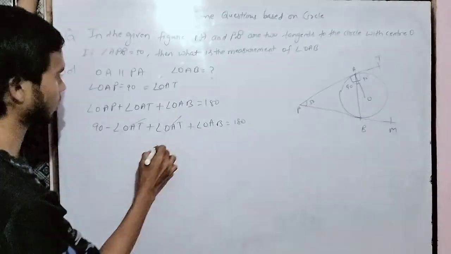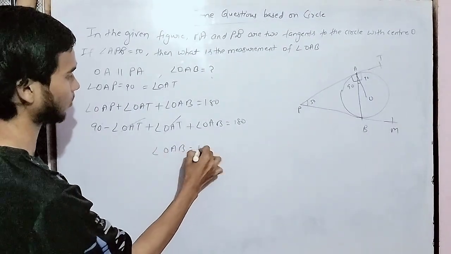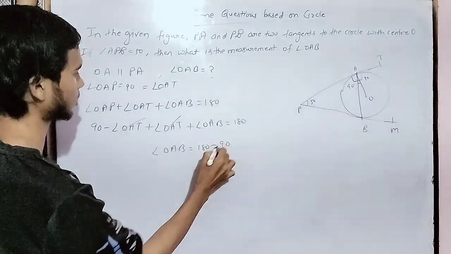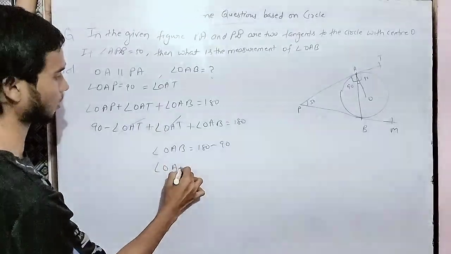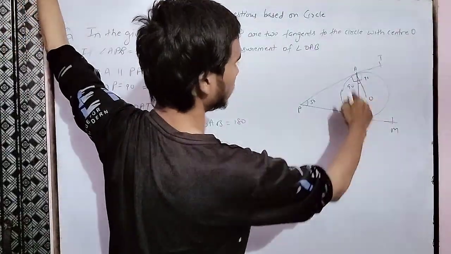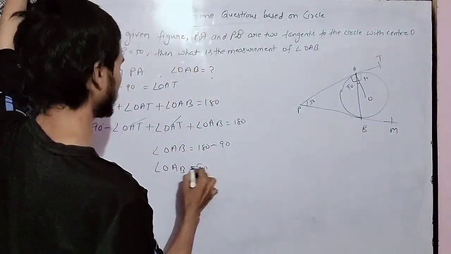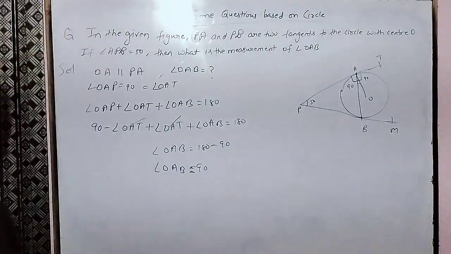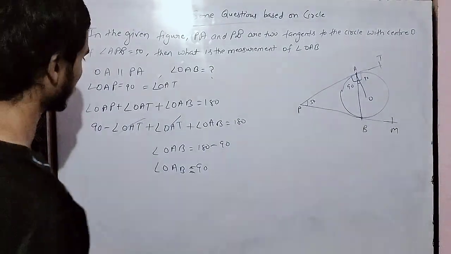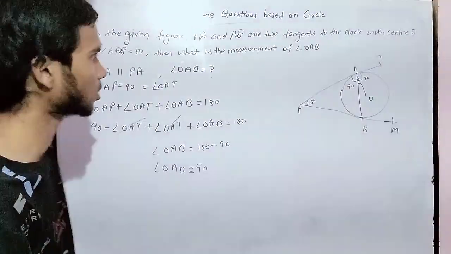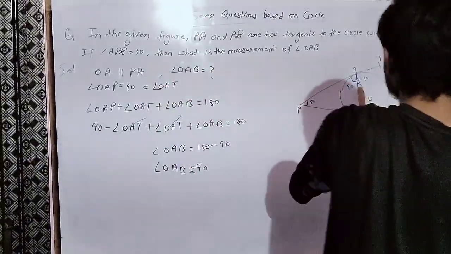This will get cancelled out. Angle OAB is 180 minus 90, so OAB is forming 90. How is it possible? It will not form 90.